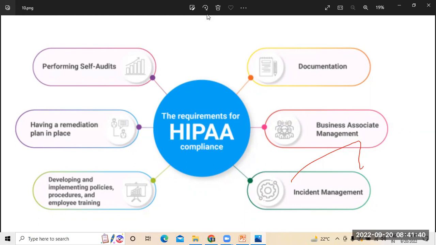What documentation have we prepared, why, and in what way has it been prepared? We have to prepare the documentation, that is essentially important. At the same time, developing and implementing policies and procedures, followed by employee training. All these things come under the requirements of HIPAA compliance.